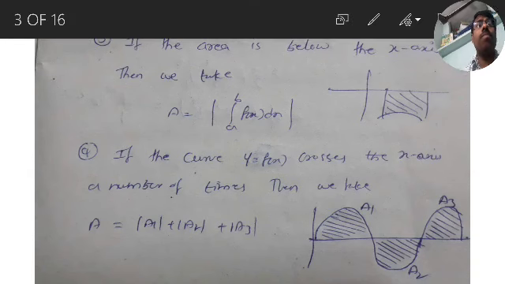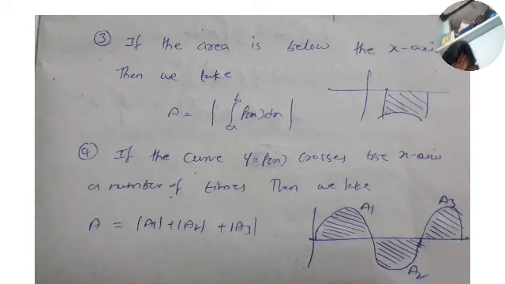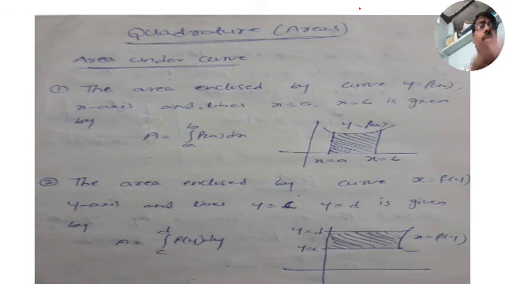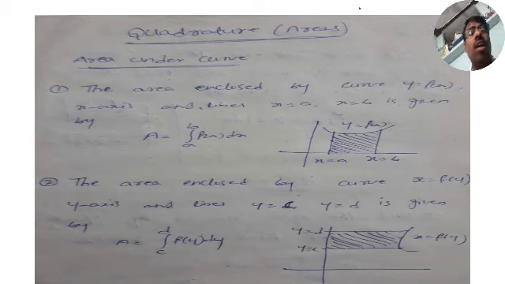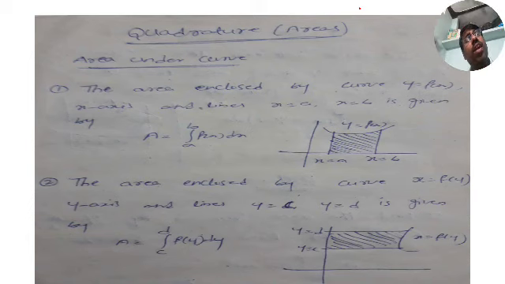What are they? The area between the curve, the x-axis, the line x equal to a and the line x equal to b is A is equal to integration a to b f of x dx, and the area enclosed by x is equal to f of y, the y-axis and the lines y equal to c and y equal to d is integration c to d f of y dy.